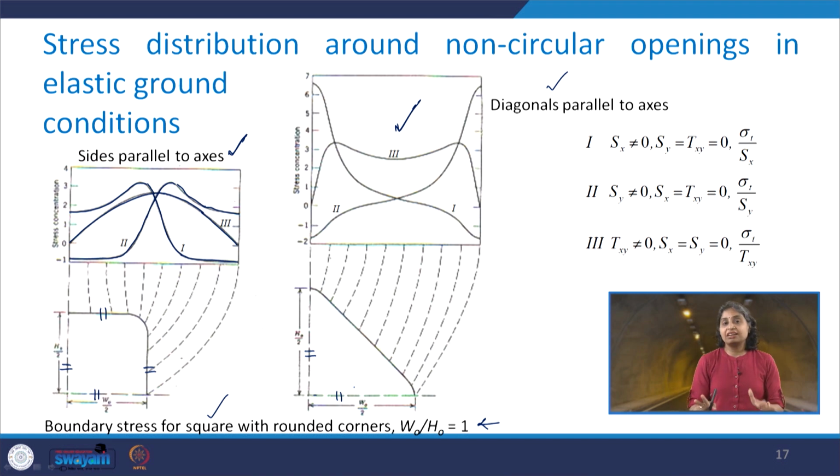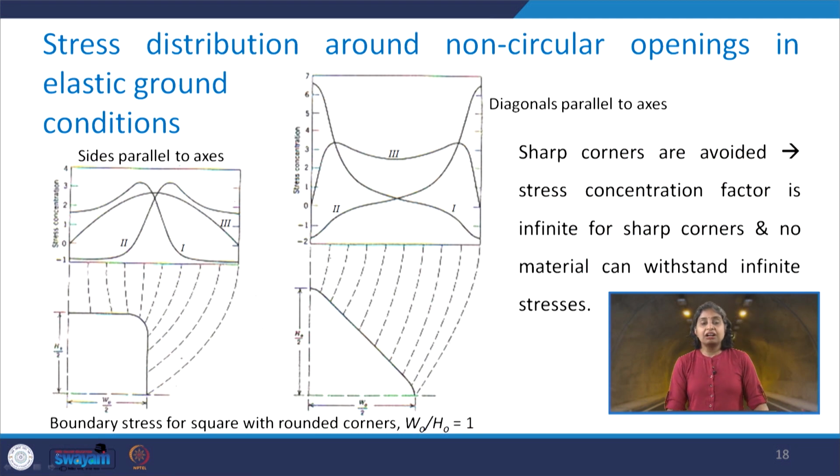Please note that here we are only talking about the boundary stress distribution. Now if you take a look, the magnitude of the stresses or the stress concentration factor is larger in this case as compared to when you have the sides which are parallel to the axes.